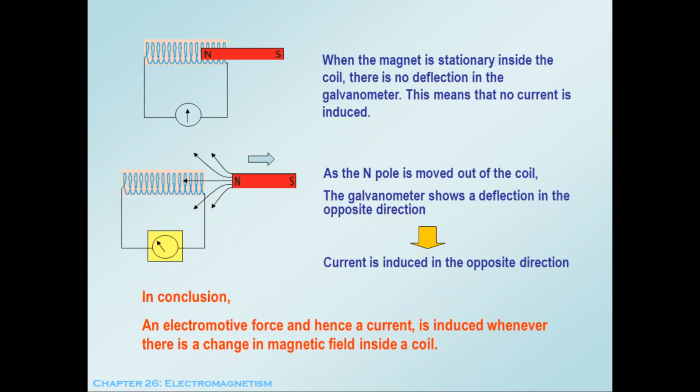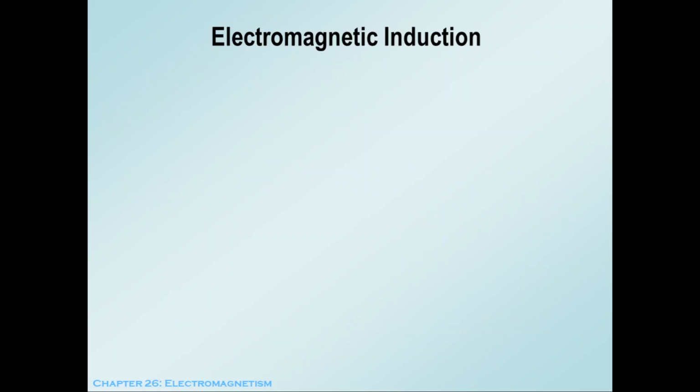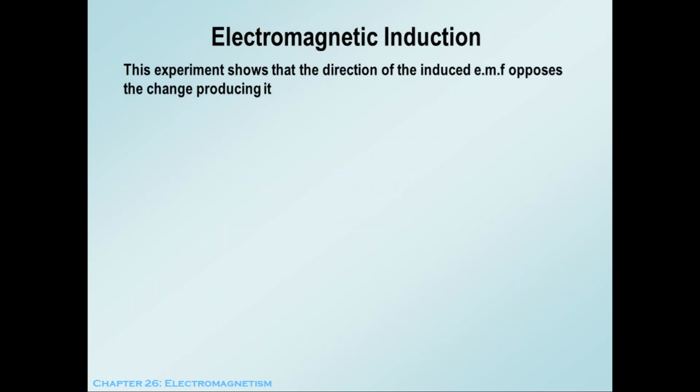In conclusion, an electromotive force, and hence a current, is induced whenever there is a change in magnetic field inside a coil. This experiment shows that the direction of the induced EMF opposes the change producing it.